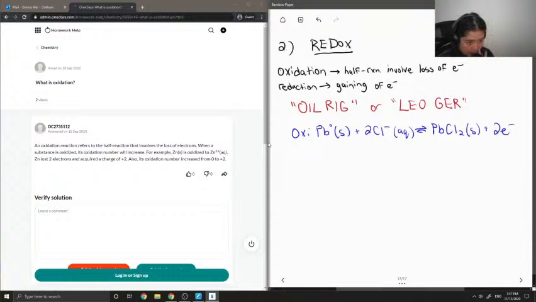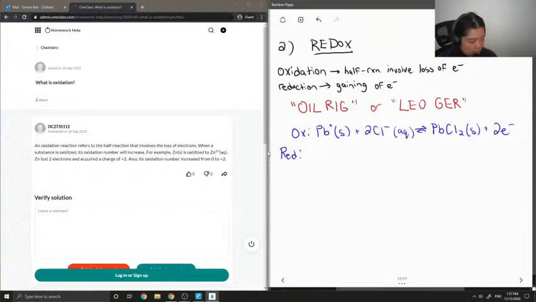So if we look at the lead, its oxidation number increased from 0 to +2. So this is an example of an oxidation reaction. It lost its electrons and it formed bonds with the chlorine.